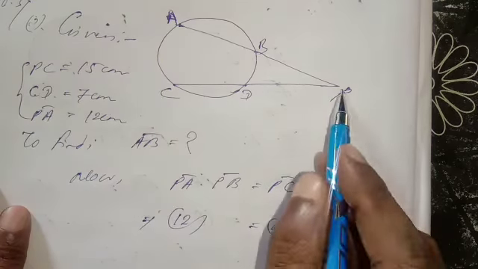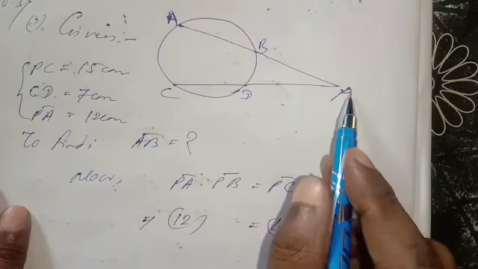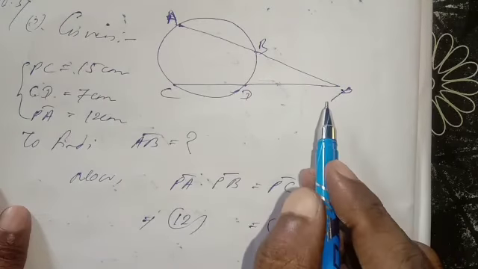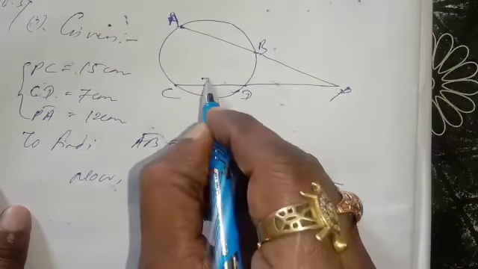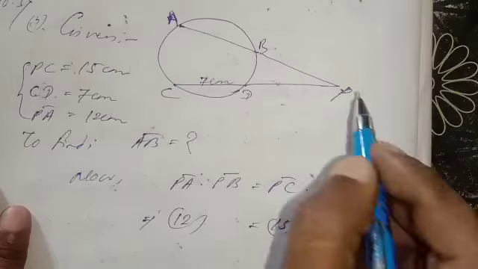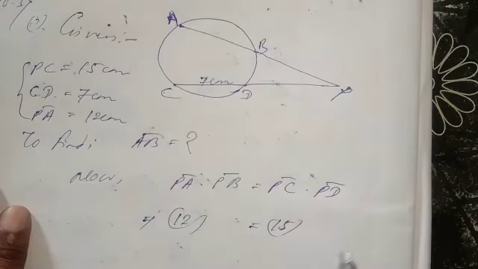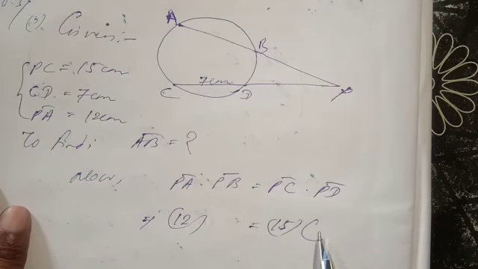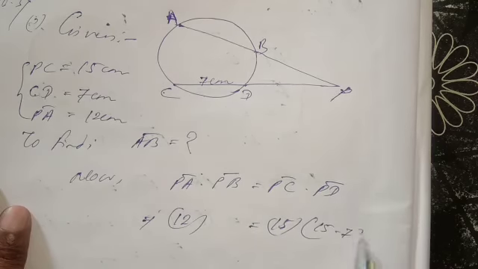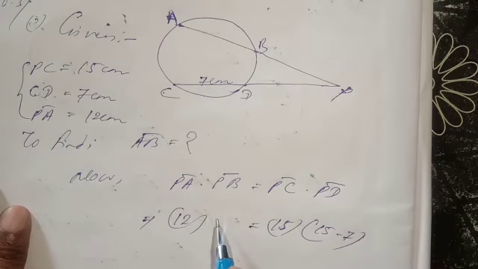See, PC is given 15 centimeter and CD is given 7 centimeter. So PD is equal to 15 minus 7, and PB will be how much?